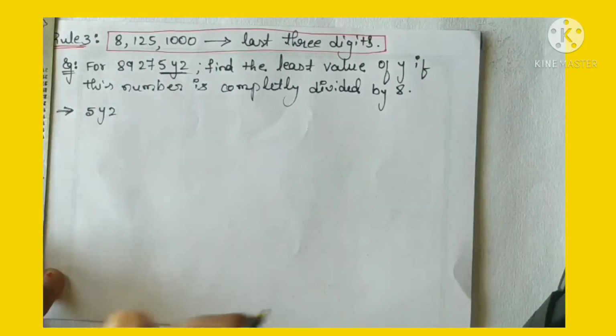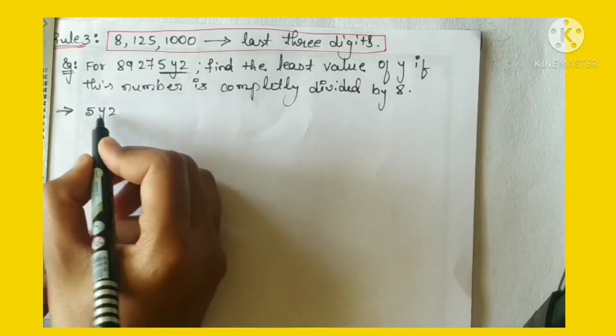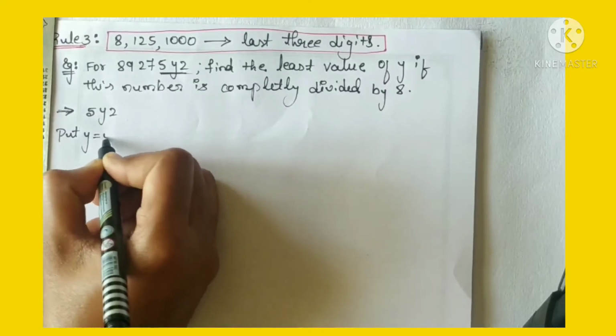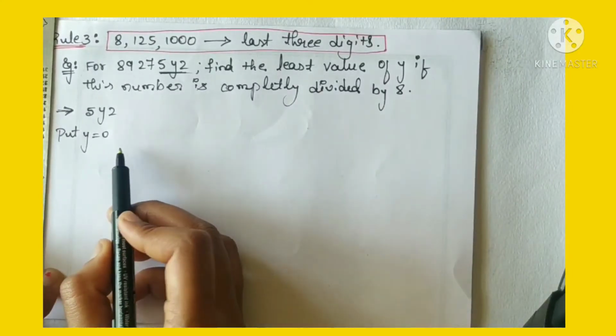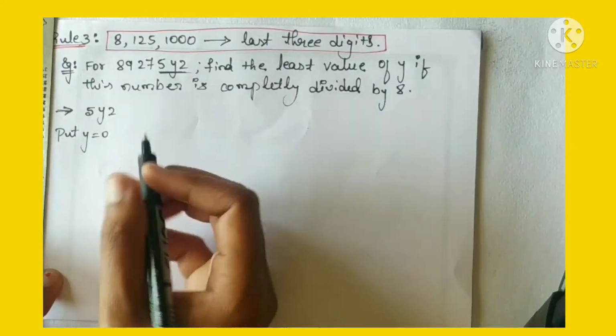Now, to find the value of y, I just put values in y. I put y equal to 0. I start with 0 because they ask for the least value of y.